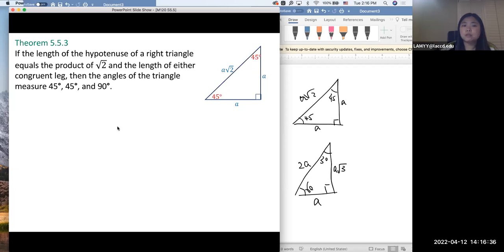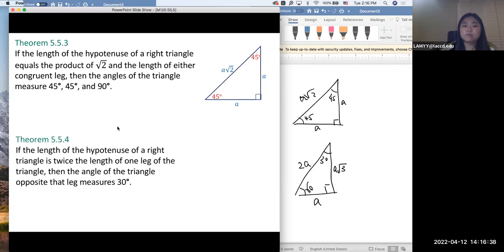Okay, we talked about this film, right? These two special triangles are from the films 5.5.3 and 5.5.4. One more time, remember this, and remember this. You need it for your test for sure.